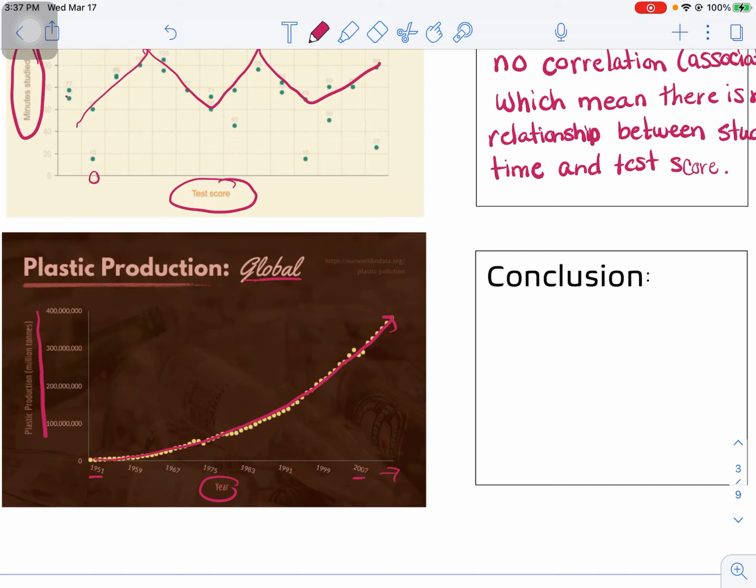So this scatter plot shows a positive, but it also is not linear. So it's positive non-linear, where the one we had before that was positive was linear.